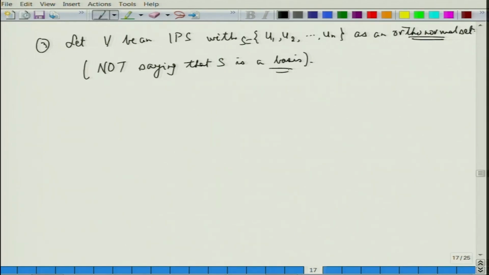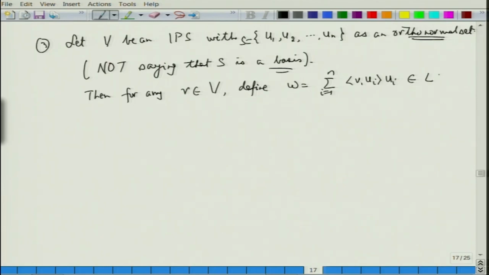Then let us look at this part. For any v belonging to V, define W equal to the summation I equal to 1 to n of v comma ui times ui.